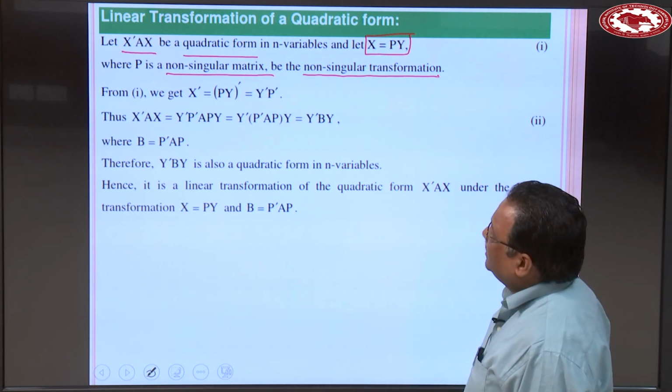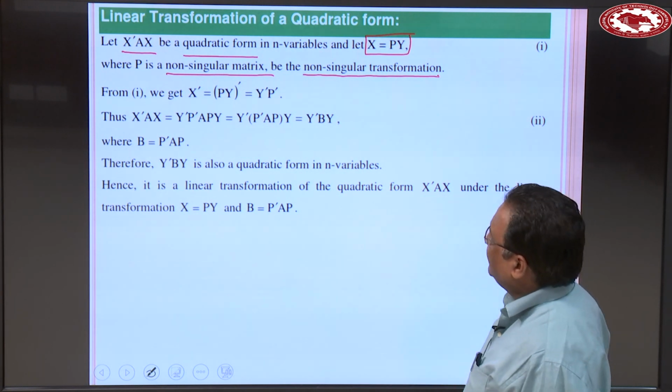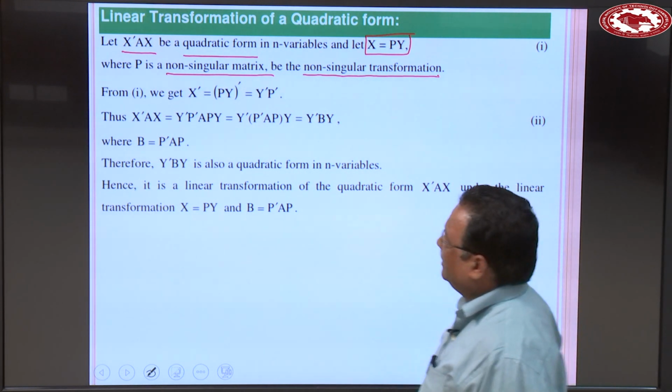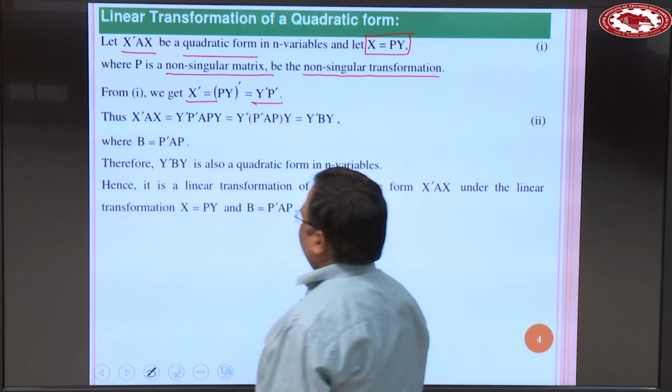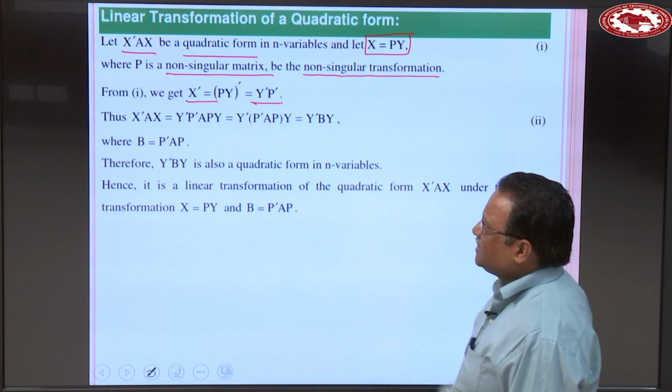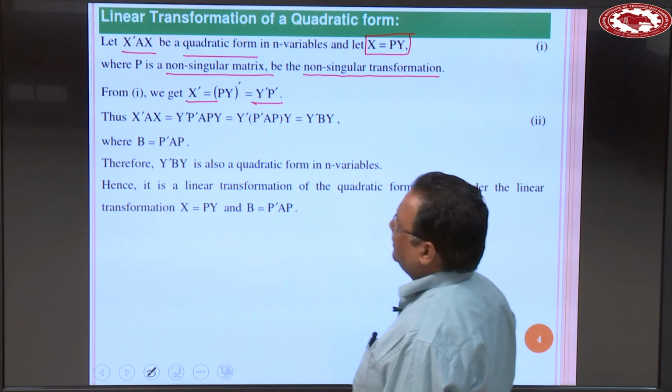Okay. So let x'Ax be a quadratic form in n variables, and let x equal to Py. When x is equal to Py, then x' is equal to (Py)', transpose, this means y'P'. Clear?